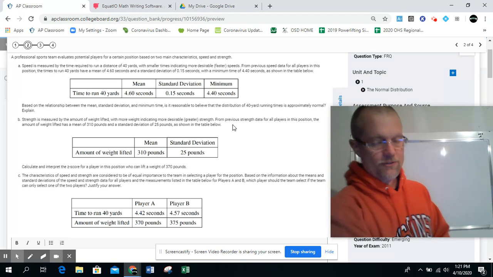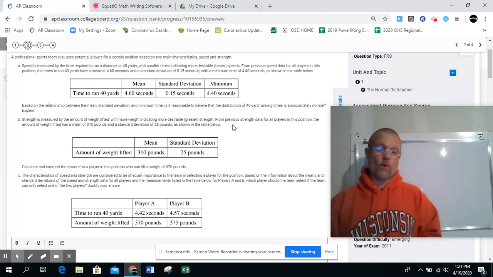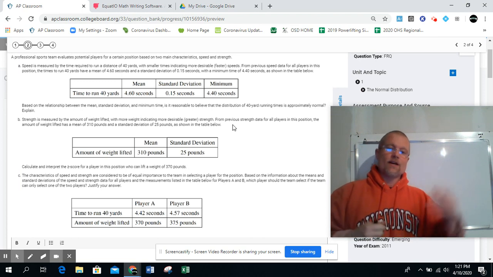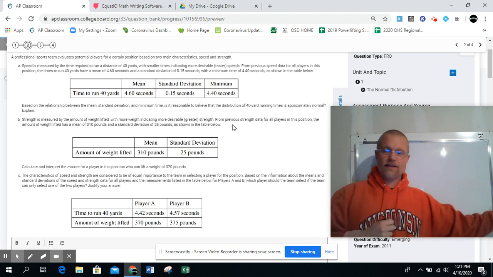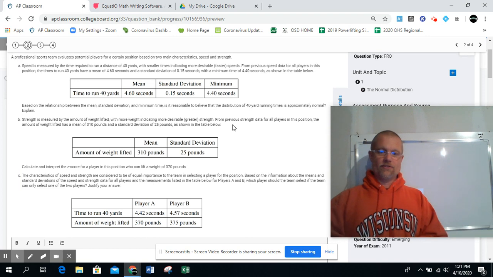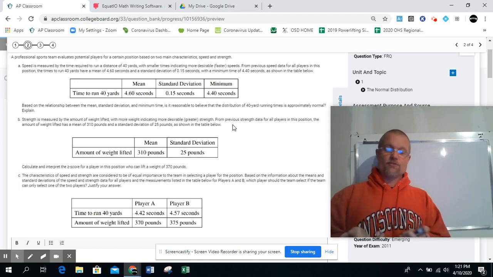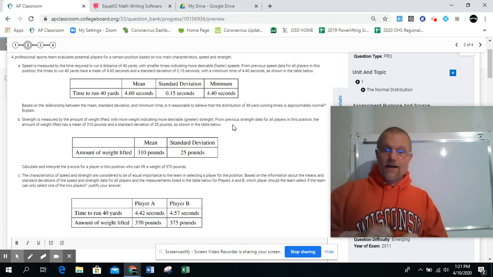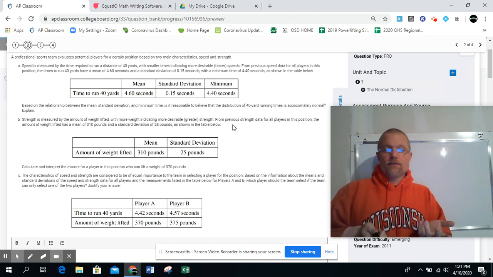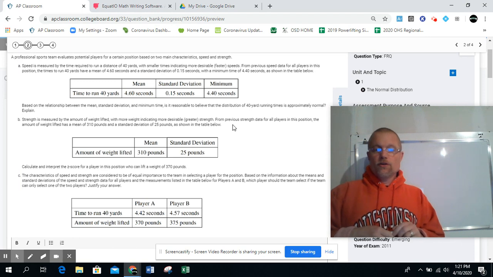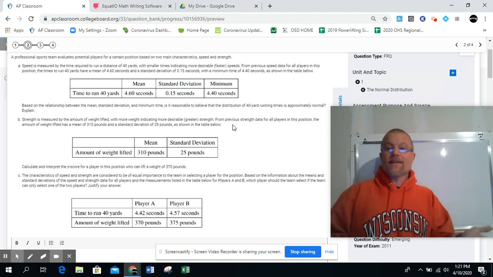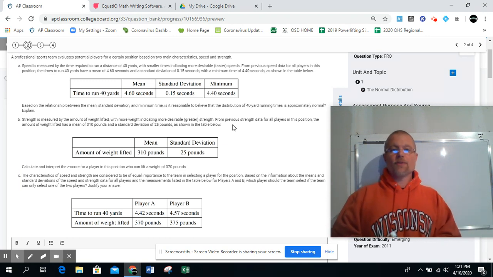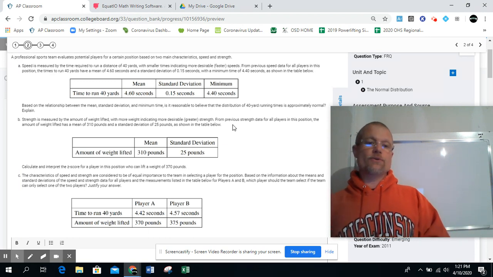Okay, so it doesn't matter what kind of distribution you're in. If you're 1 standard deviation above the mean, you're the same uniqueness as you would be in any other distribution where you're 1 standard deviation above the mean. That standard deviation above the mean could mean 0.15 seconds in the time to run the 40, or it could be 25 pounds, but it doesn't matter. It's the same uniqueness here. So that's important. That's why we're using Z-scores.